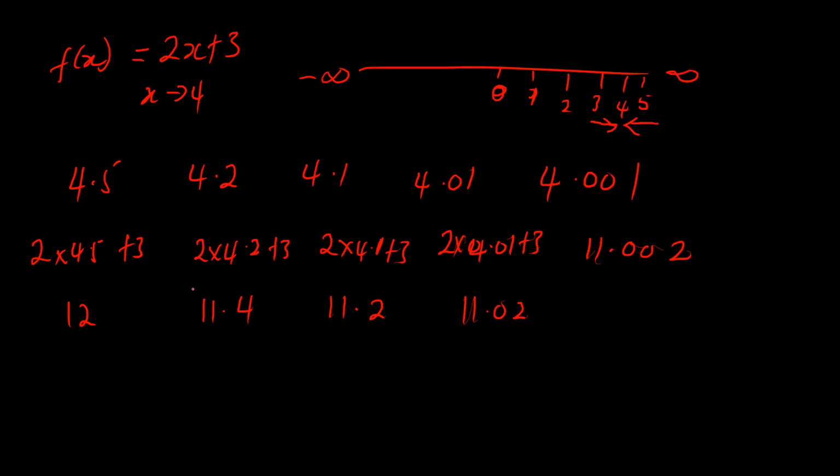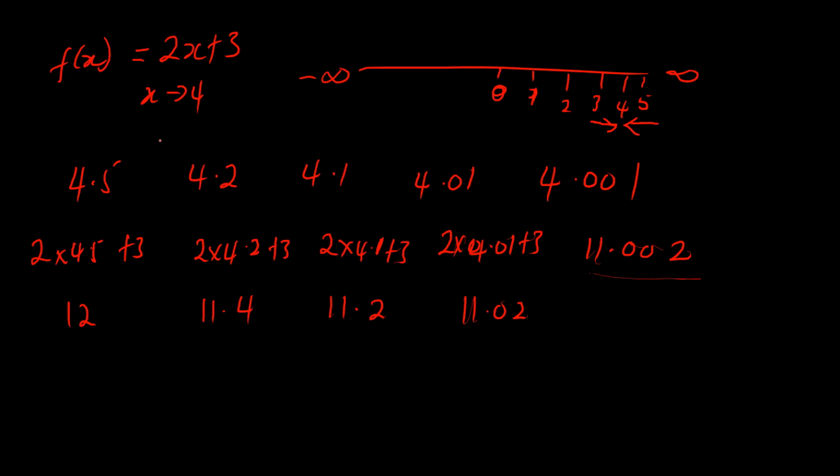Alright, so clearly we can see that as x approaches 4, we are obtaining a value of what? 11. We can see that when it was 4.5, it was 12. And as it gets closer to the value 4, 4.001 is very close to 4, we are obtaining a value which is 11.